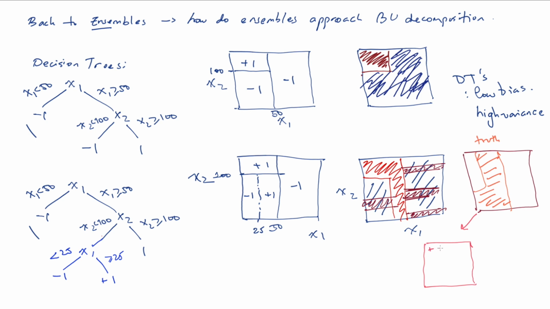So I might get pluses here. Okay, and then a different sample. Sorry, I'll draw the negatives in a minute. Okay, and the negatives are like this. So these are two possible models from this.